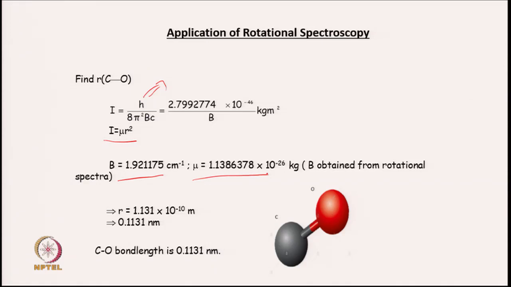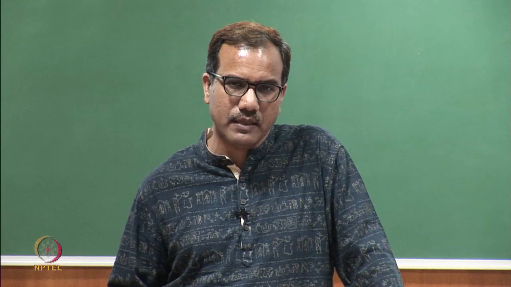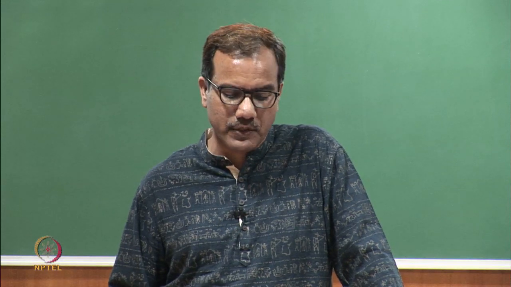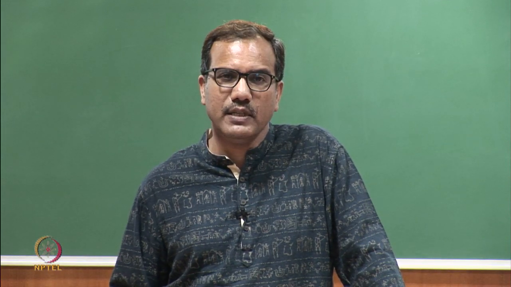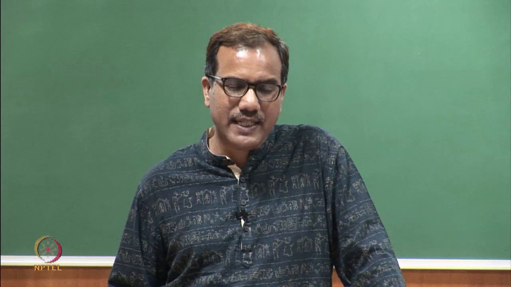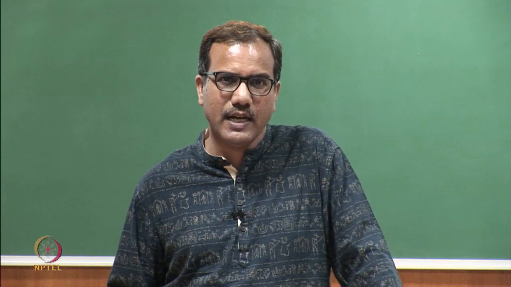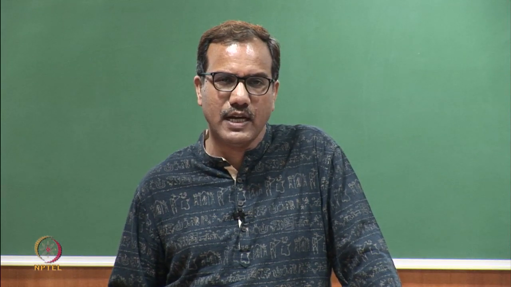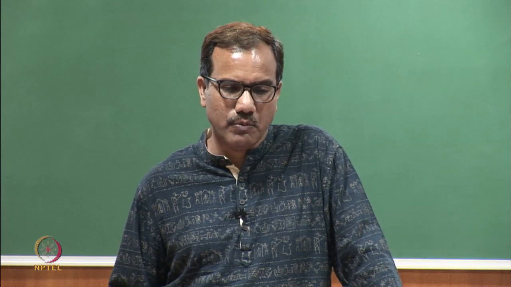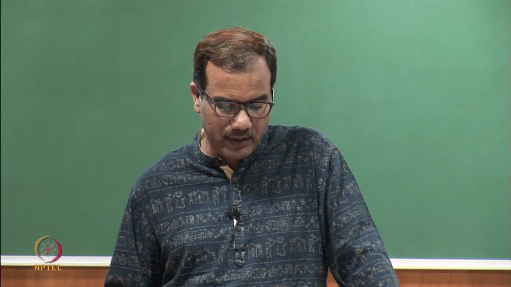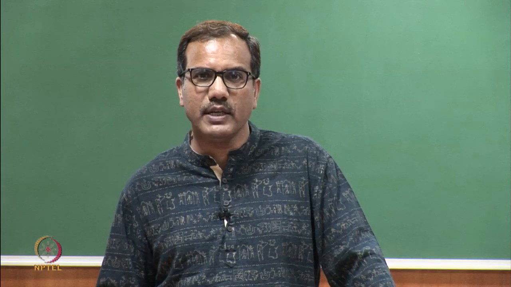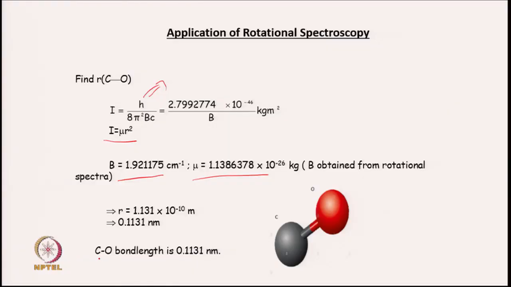So, if you can measure rotational constant from rotational spectroscopy, you can calculate moment of inertia, and since moment of inertia is related to bond length, bond length can be calculated, and that is what we have done in this example. From this, the CO bond length is calculated to be 0.1131 nanometer.